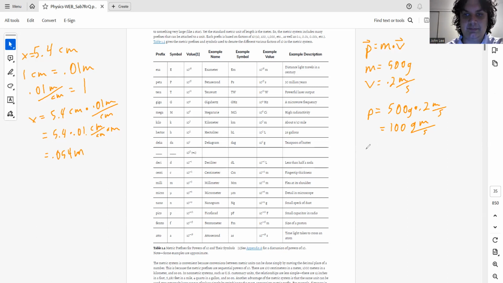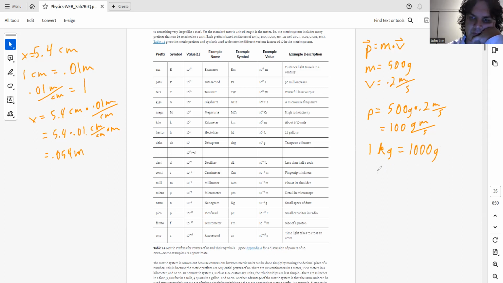So mass is equal to 500 grams. We already have that written down, but 1 kilogram is equal to 0.001 grams. Oh, no, rather the opposite way, sorry. 1 kilogram is equal to 1,000 grams.